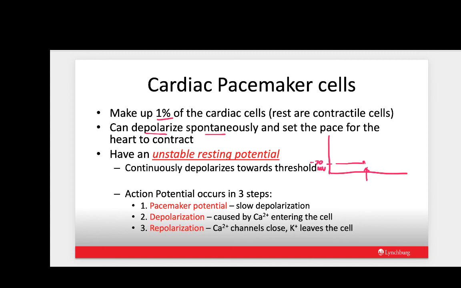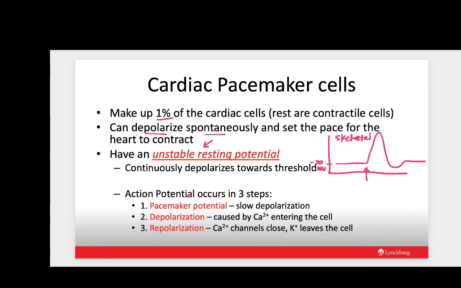Here's our stimulus, and now it's going to depolarize, repolarize, and come back to resting. It's got a very stable resting potential. As you'll see, pacemaker cells aren't like that. They have an unstable resting potential, so that is different.